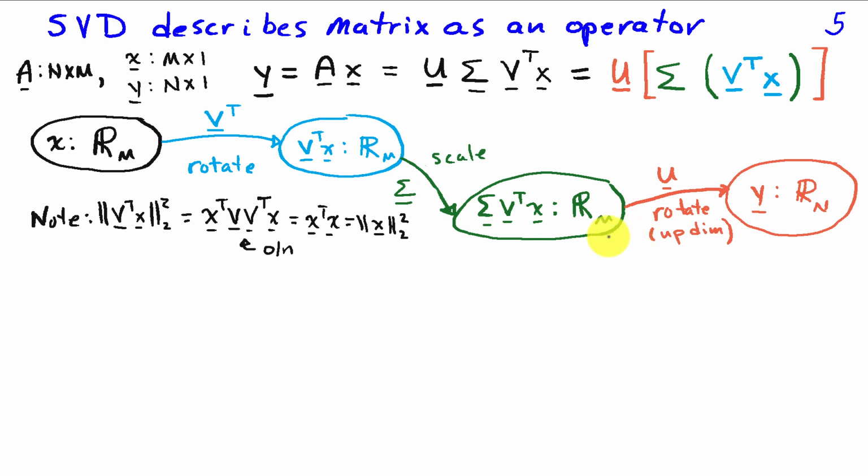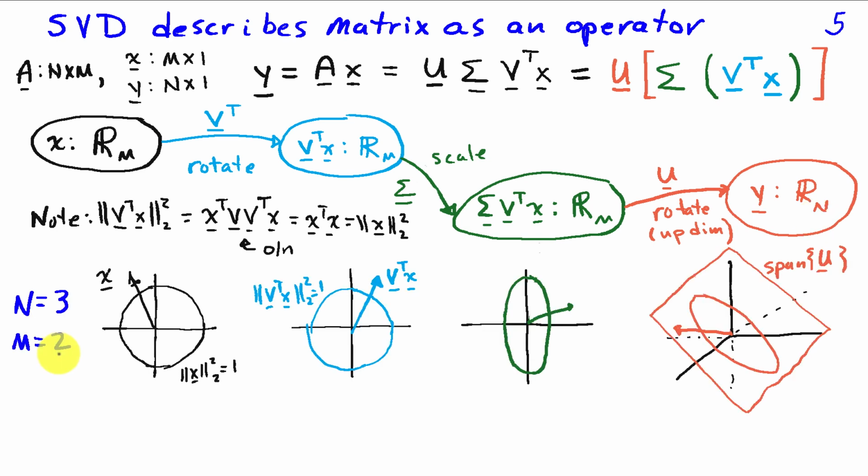So we're mapping from an m-dimensional space into an n-dimensional space. We'll illustrate this series of operations for the case where A is 3 by 2, and so we're starting with X in 2 dimensions, and we're going to end up with a Y in 3 dimensions.